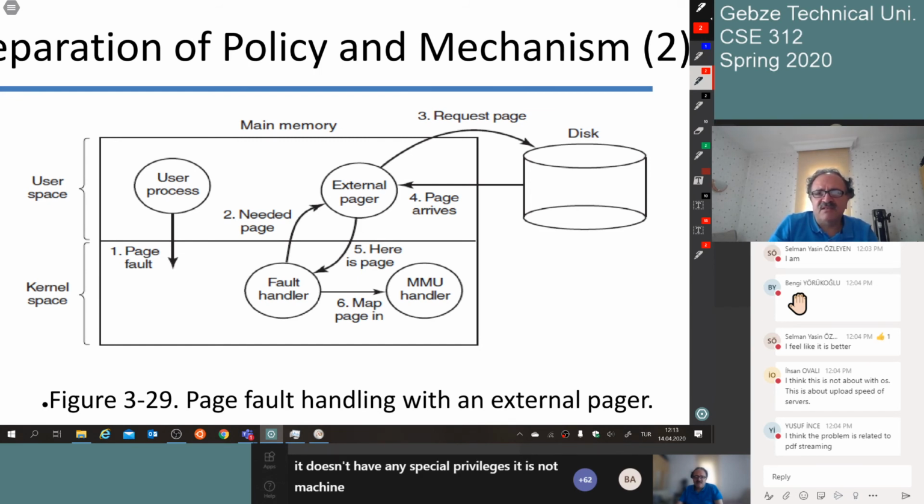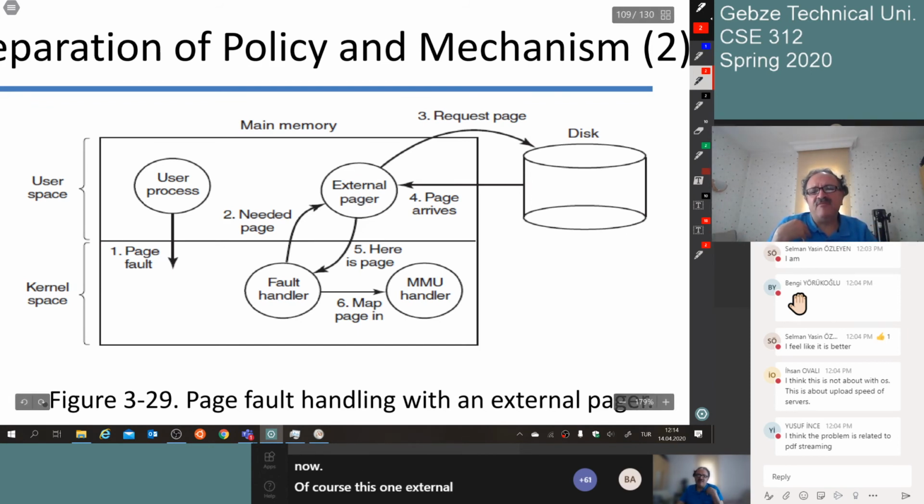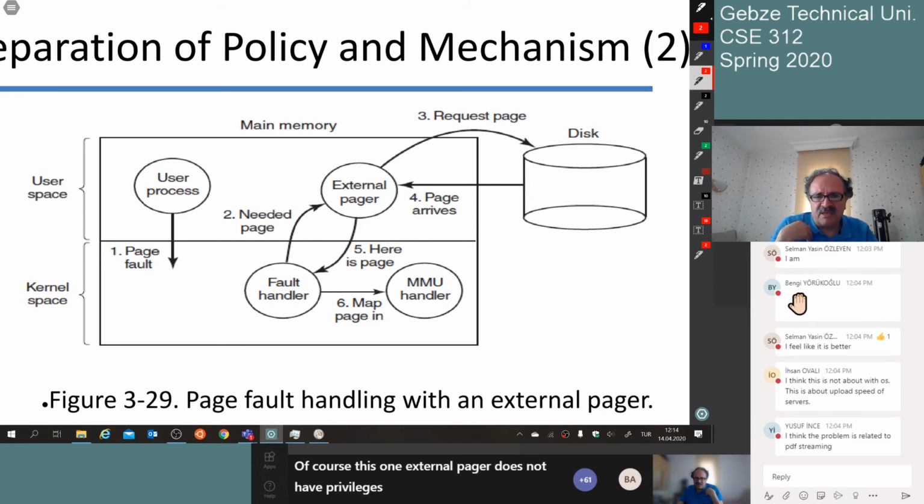It's regular C code, and it is responsible for getting the data from the disk, setting it up in the tables, and telling the page fault handler that the data you'd like to load is available now. Of course, this external pager does not have any privileges to modify the page tables.